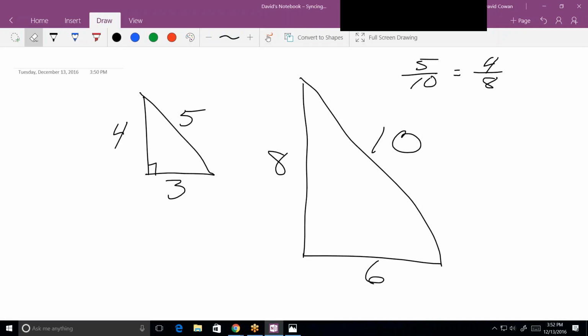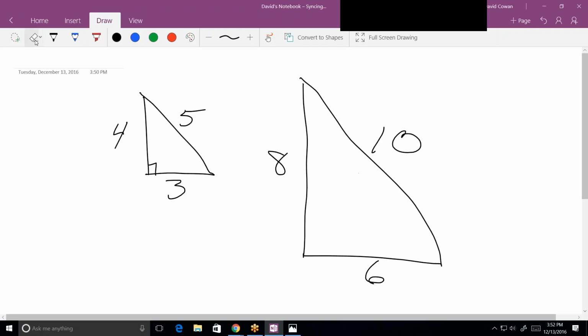You can relate sides of one triangle to the side of another, or you can relate a side of one triangle to a side of the same triangle. Those relationships are the same regardless. And it's important to see that.